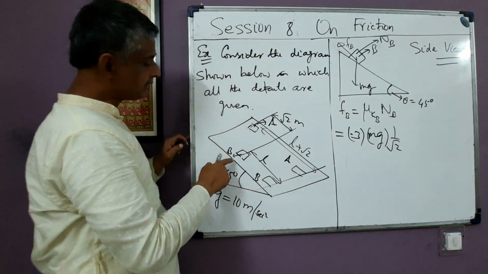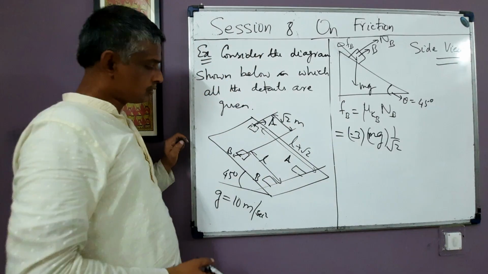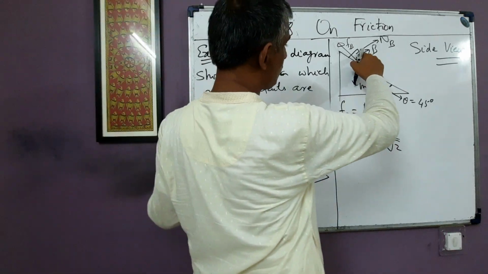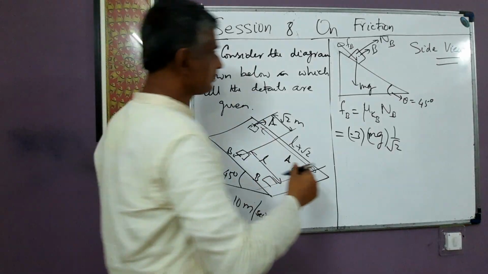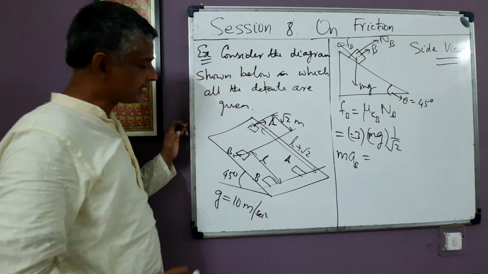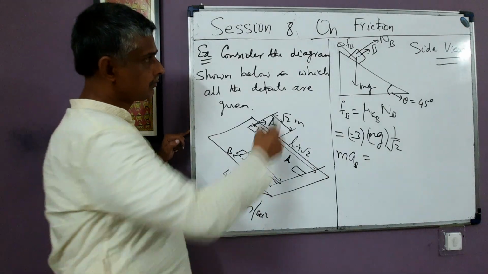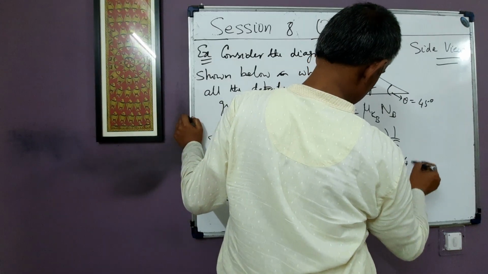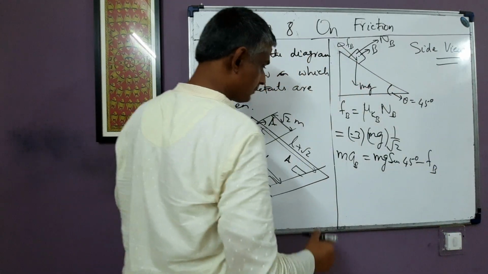Now block B starts from rest and begins to move down, so it accelerates downward. First I find the acceleration of block B with respect to the ground, down the incline. Mass times AB, where AB is the acceleration of block B with respect to ground, equals mg sine 45 degrees minus FB.